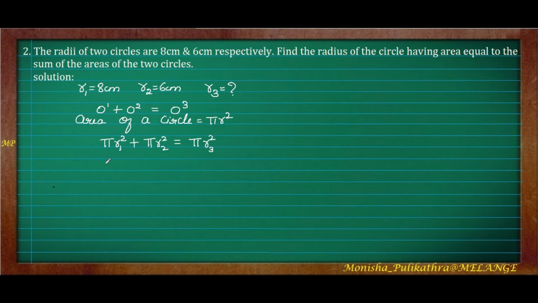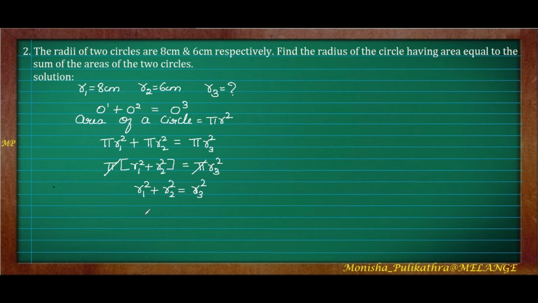Here pi is common, so I will be taking pi common. The remaining will be r1 square plus r2 square is equal to r3 square, as pi and pi get cancelled.